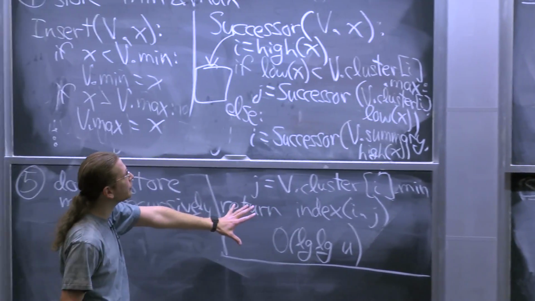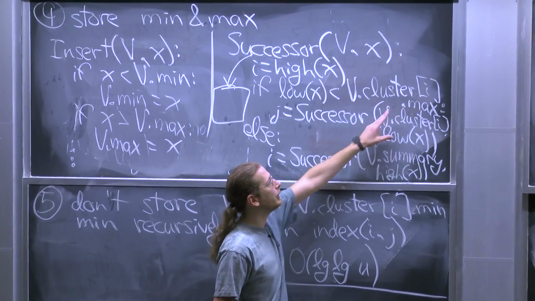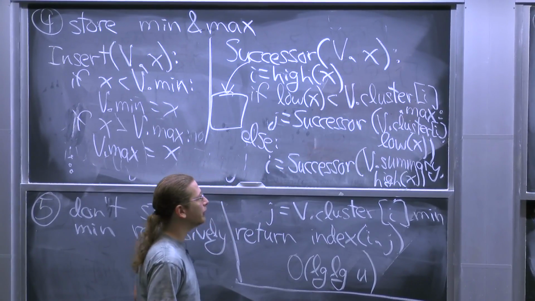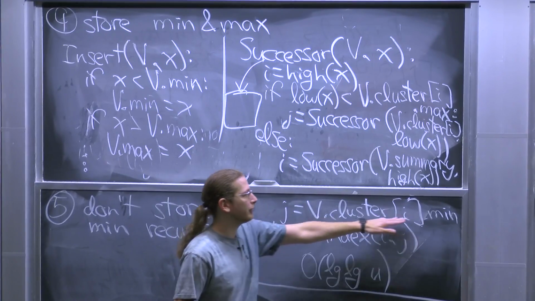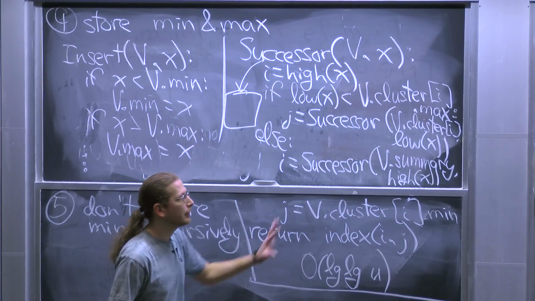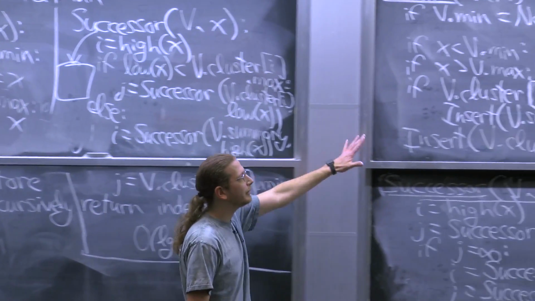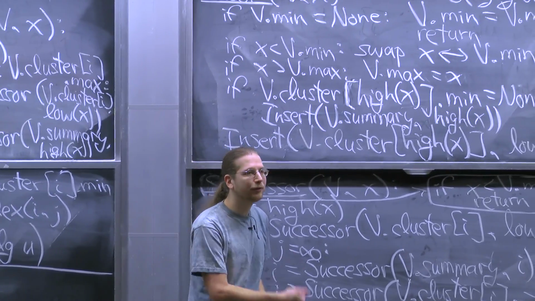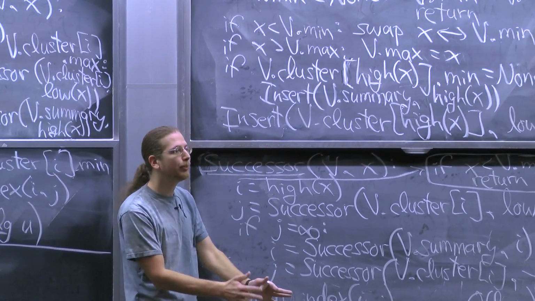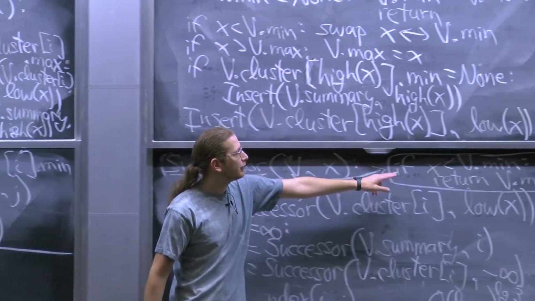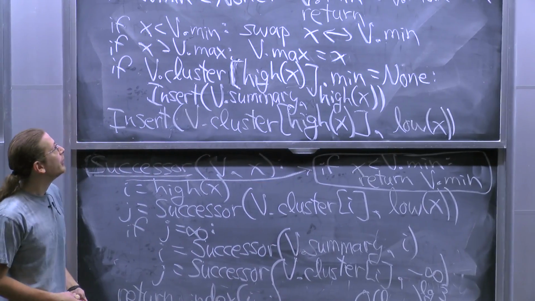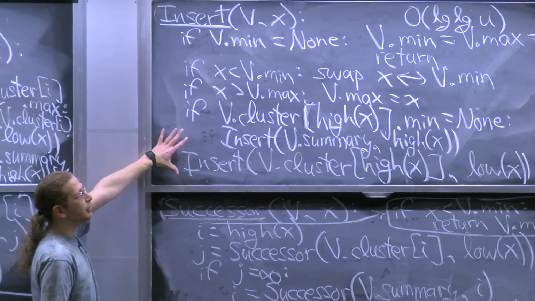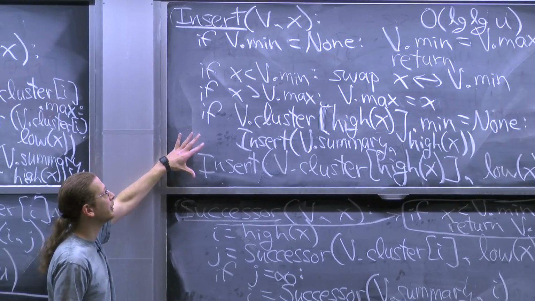The key idea here was if we store the max, then we know which of the two recursive calls we need to do. And if we store the min, this doesn't end up being a recursive call. So that's very clean. With insert, we needed this trickier idea that the min we're not even going to recursively represent. We'll just keep it there. That requires this extra little check for successor. But it allows us to do insert cheaply in all cases.